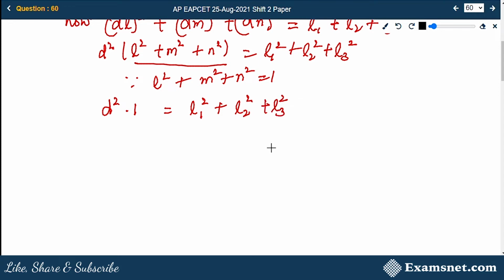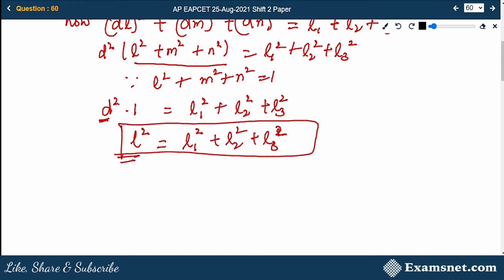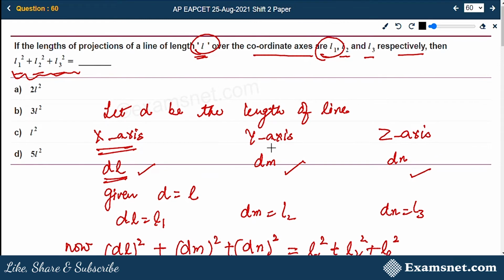This d was equal to L. That means L1 square plus L2 square plus L3 square is equal to L square. This is your required answer. So the required answer is option C. Let's go to the next question now.